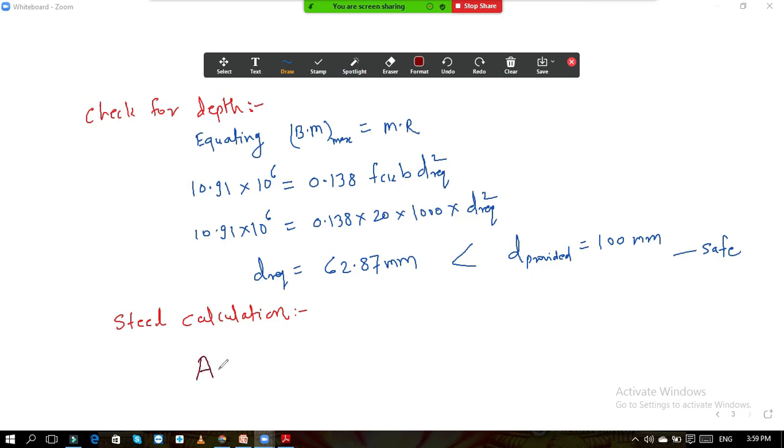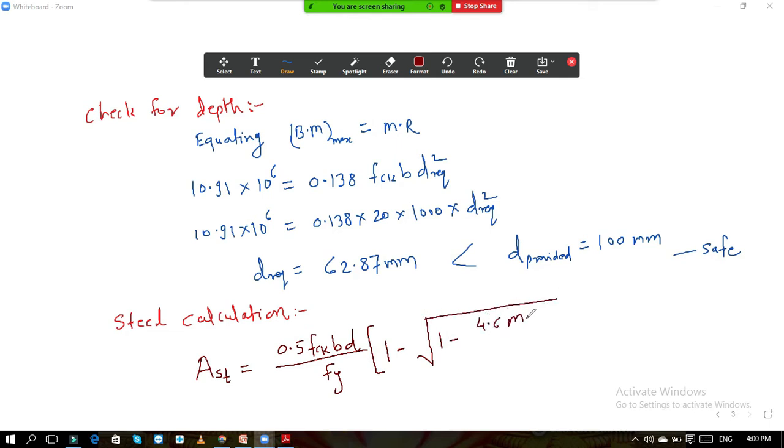So AST, that is area of steel, is equal to 0.5 FCK BD divided by Fy, bracket 1 minus square root 1 minus 4.6 Mu divided by FCK BD square. Now just put the values.